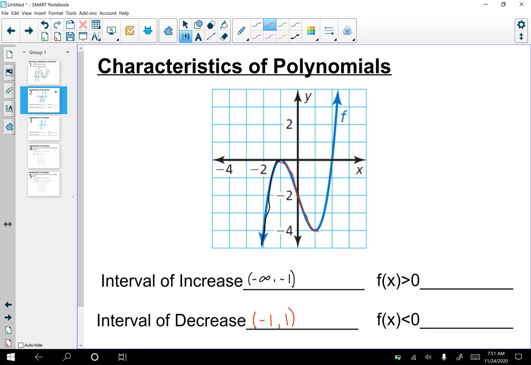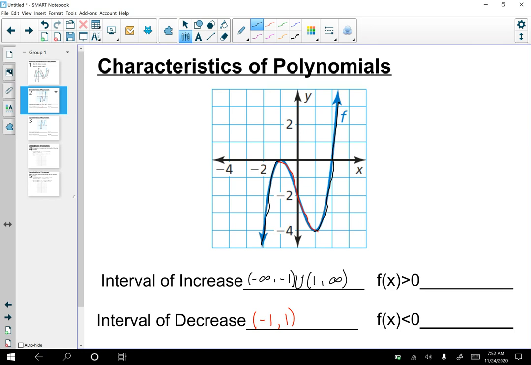Now, this might be something new: we have two intervals of increasing, because now my pencil starts to go back up from 1 to infinity. So we have two intervals of increase, and the new concept is that we have to connect those with what's called a union symbol, which is really simply just a U. We only had that one interval of decrease, so we're good to go there.